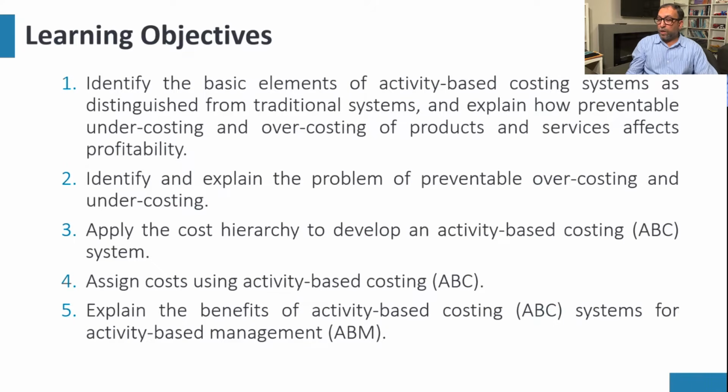So that's the main crux of this chapter: we want to emphasize the ABC costing method and how it helps us reduce or prevent the over and undercosting of the product. Identify and explain the problem of preventable overcosting and undercosting. Then we highlight why it is important, because otherwise we could say the net impact is not so big a difference, since the bottom line is not changing.